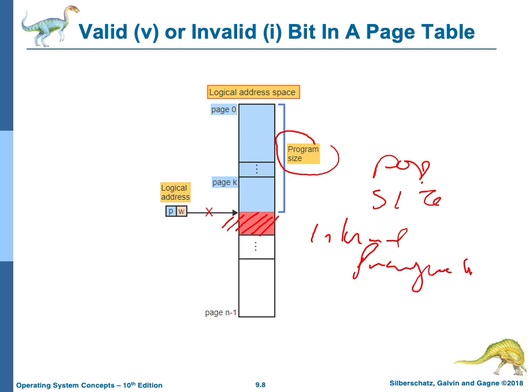Remember, internal fragmentation is space that is already allocated to a process but is unused. To protect this portion from any access by this process, we need to compare the address to the program size itself. If the address is beyond the program size, we consider it illegal.